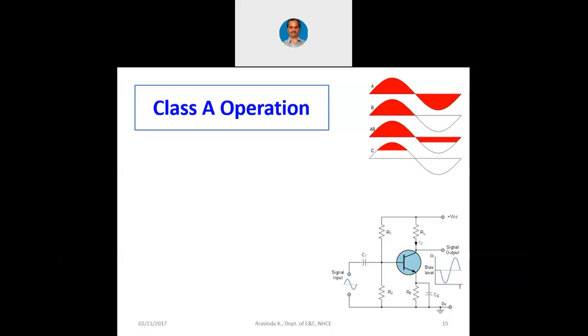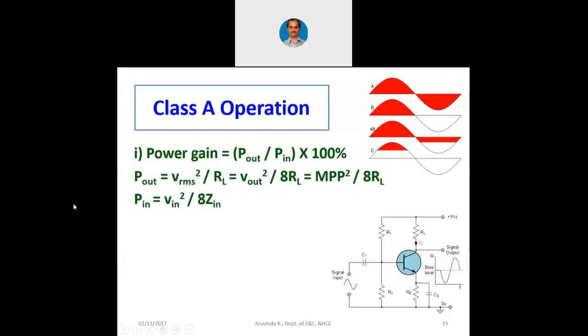So now let us proceed with the class A operation. Till now we have plotted the DC load line and AC load line for class A operation. Now finally we are dealing with power amplifiers.